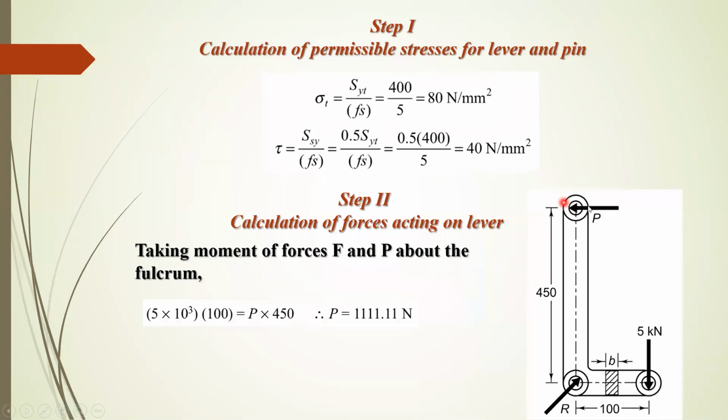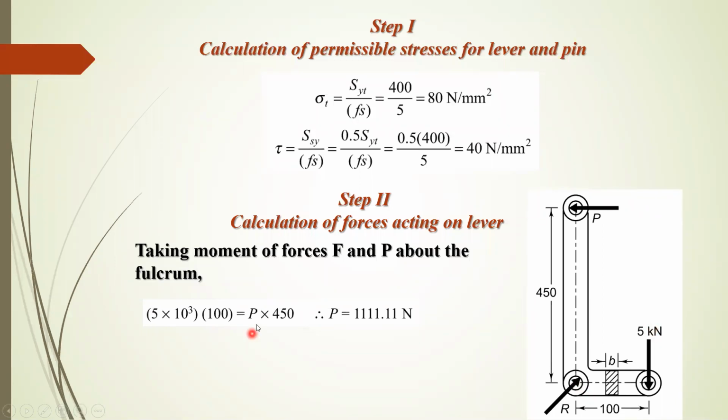To calculate P, we can take the moment about this fulcrum. We can take the moment of this force and this force. This is an anti-clockwise force about the fulcrum, and this one is a clockwise force about the fulcrum. Moment is force multiplied by distance. So force P multiplied by 450, as you can see in this equation, and we can equate the moments about the fulcrum.